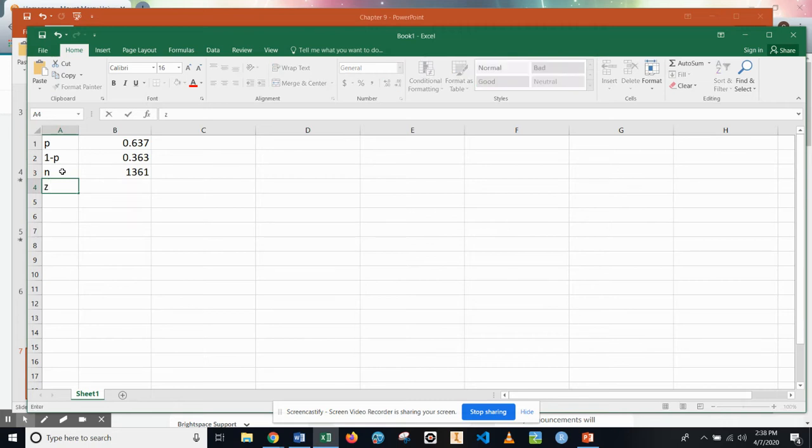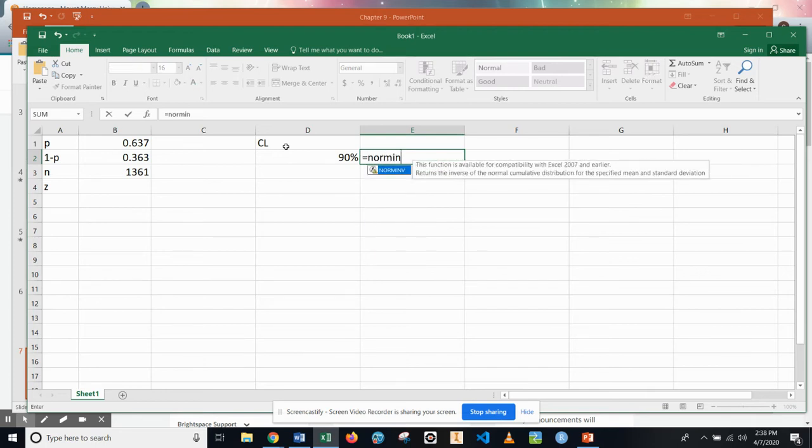Remember the z comes from inverses. For example, if my confidence level was 90%, I would do a norm inverse, and I would use the percent to the left of one of those lines.